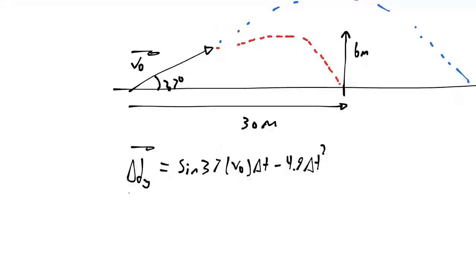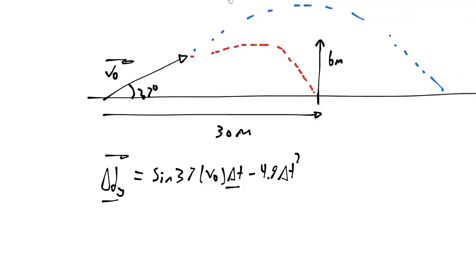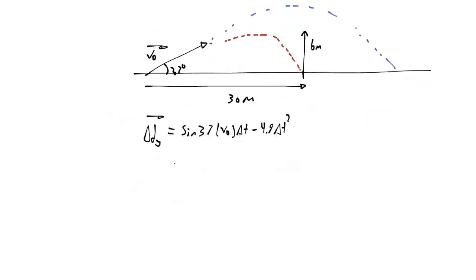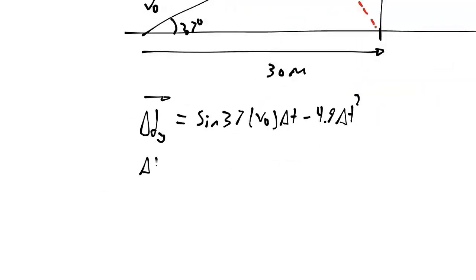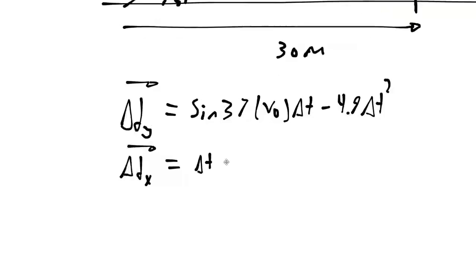Now there's two unknowns, delta dy and delta t. So you're going to use another equation here, which is delta dx, to solve for delta t. Delta dx is going to equal delta t multiplied by cos 37 degrees times V naught.